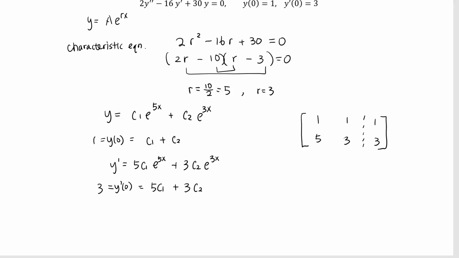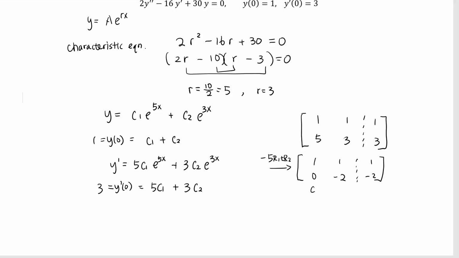How do we solve? Well, use negative 5 R1 added to R2. One stays there. 5 minus 5 is 0. 3 minus 5 is negative 2. 3 minus 5 is negative 2.